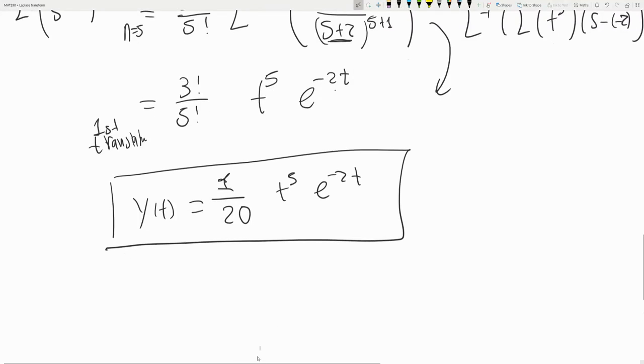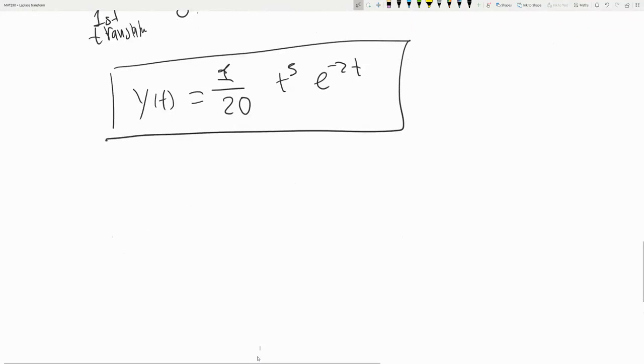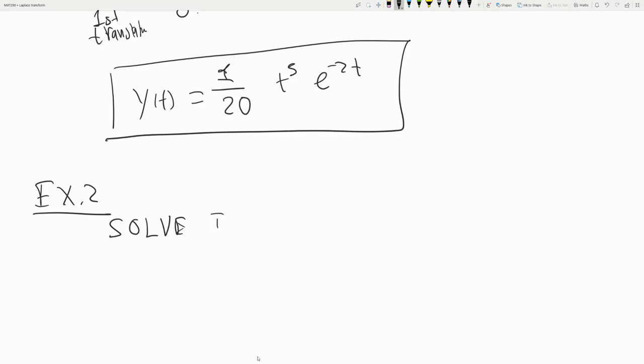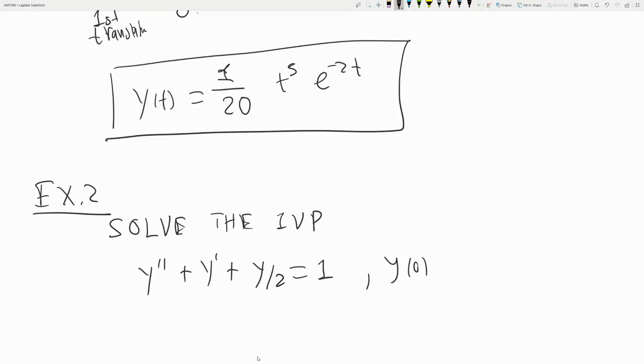All right, let's do one more example. Solve the IVP y double prime plus y prime plus y over 2 equal to 1, given that y of 0 is 0 and y prime of 0 is also 0.